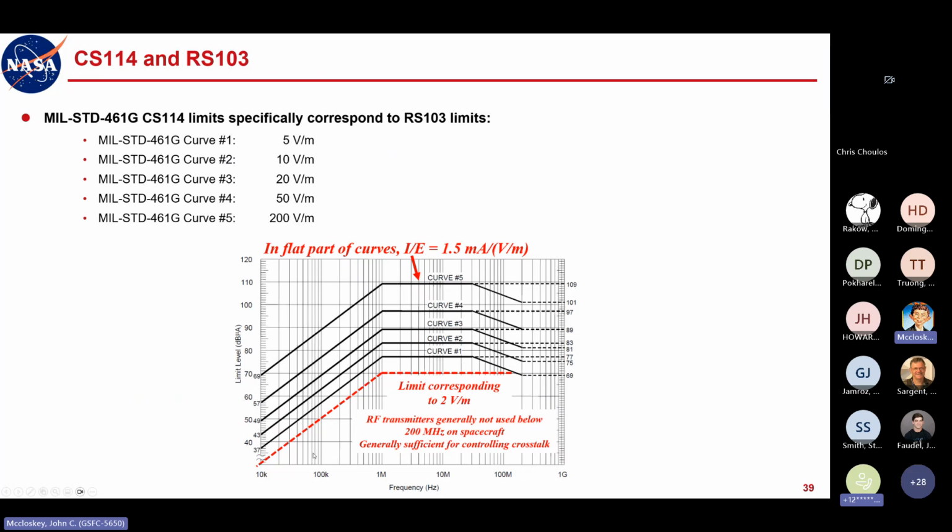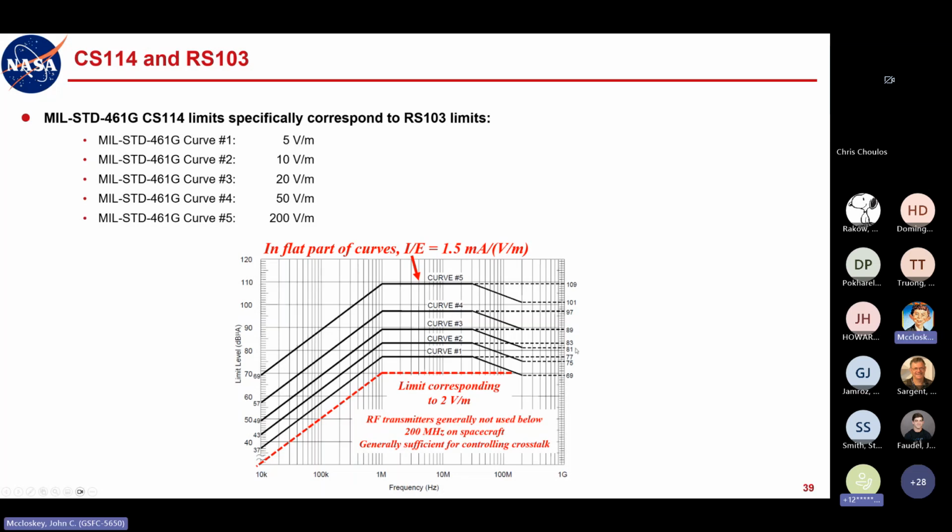So for our default applications for on-orbit applications, we basically just have defined a curve that corresponds to a level of 2 volts per meter. And RF transmitters are generally not used below 200 megahertz on spacecraft, so this is generally quite sufficient for controlling crosstalk.